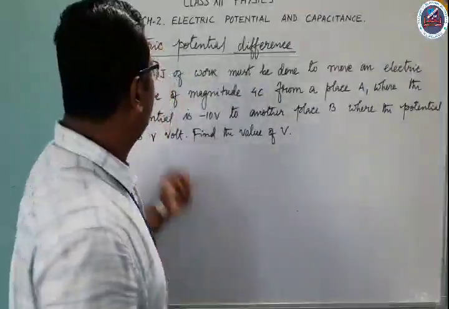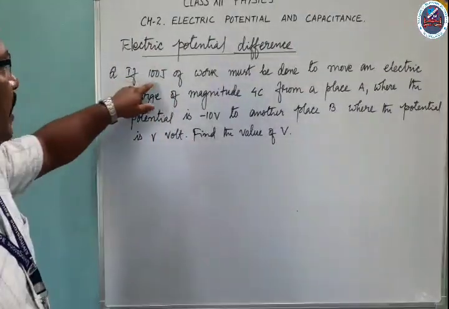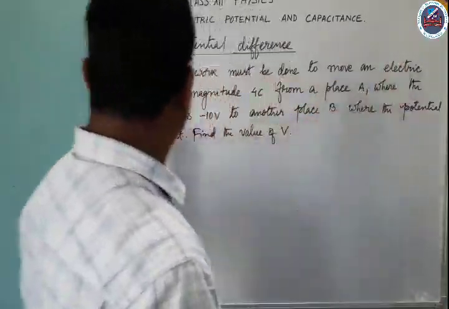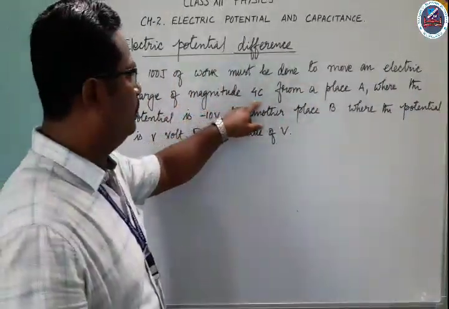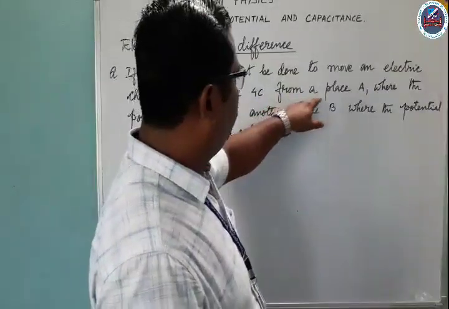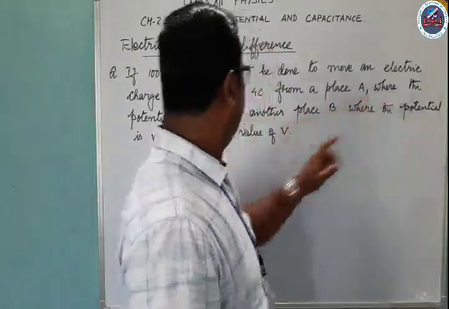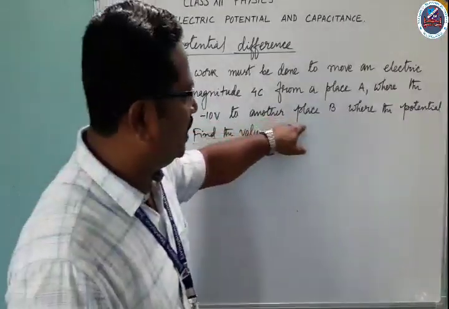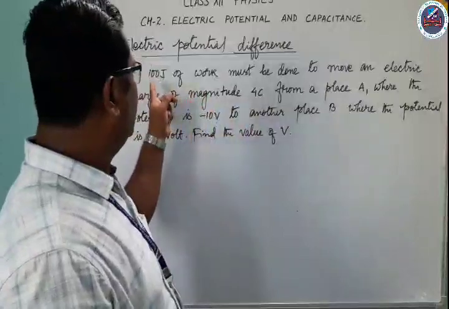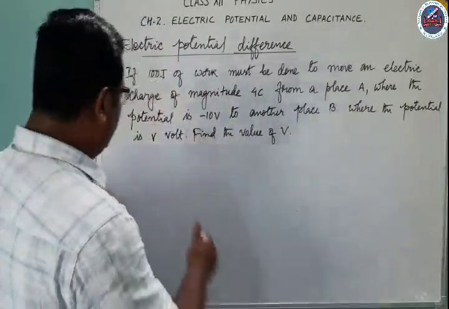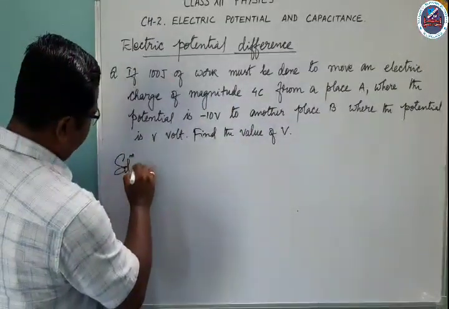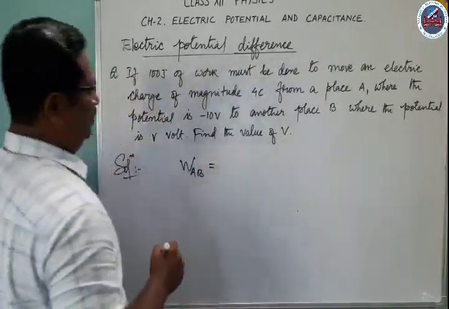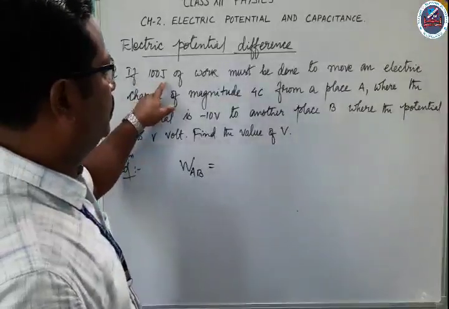Let us see one numerical here. If 100 joule of work must be done to move an electric charge of magnitude 4 coulomb from a place A where the potential is minus 10 volt to another place B, that means this 100 joule of work is done. In the solution, work done from A to B is given to you, it's 100 joule.